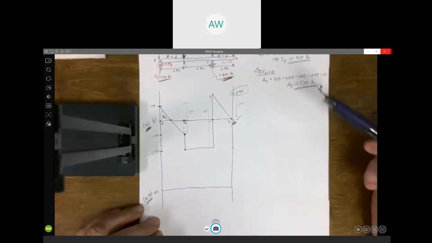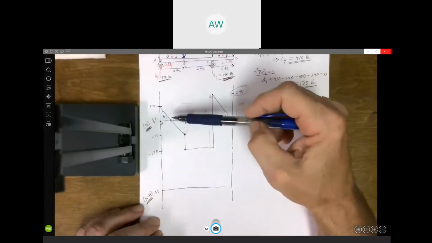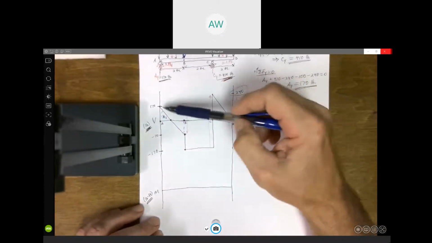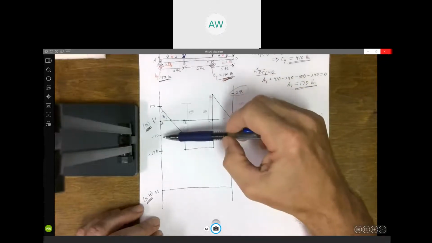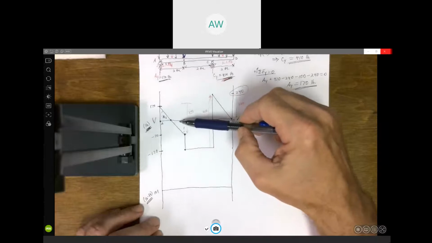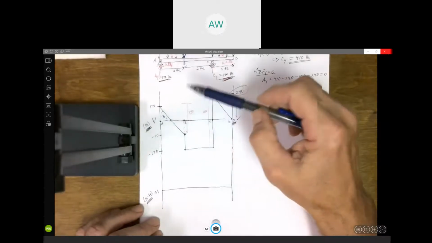And it's not necessarily going to be right in the middle. This is where you'll see my picture is definitely not to scale. If I drew it to scale, you would see, because I've got 170 and 70 about the same distance, where it crosses would be much closer to the right side over here than where I've got it crossing.